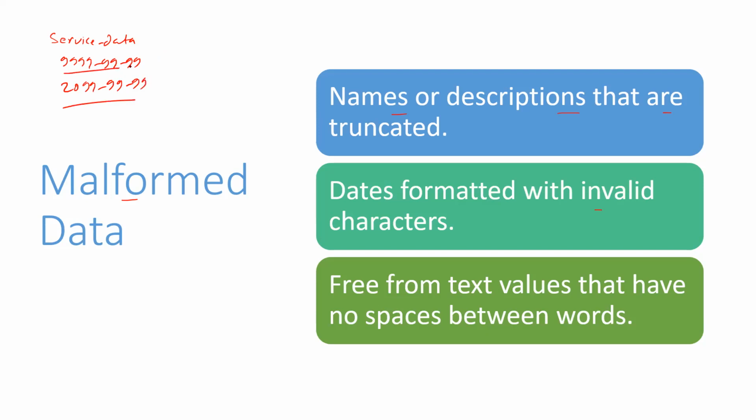You can have such dates in your data, which is invalid data, and we need to remove it. Also watch for text values that have no space between words. For example, if I have a hospital name that doesn't have a space, that is also malformed data. We need a proper space in the hospital name.